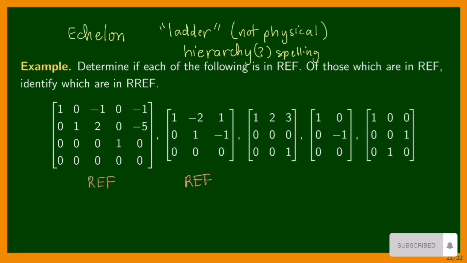May 0 row ba? Yes. Yes, diba? Pero wala siya sa bottom kasi may non-zero sa ilalim niya, no? So, ito ay hindi REF. Lagay natin not in REF. So, siyang chance maging RREF kasi hindi na siya REF in the first place, right?